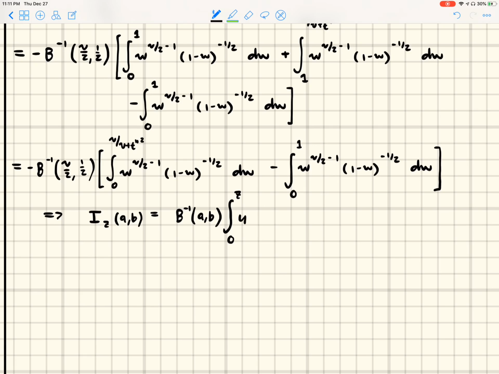u to the a minus 1 times 1 minus u to the b minus 1 du. And then also this, which always equals 1. So these are just some handy definitions. You can look them up.